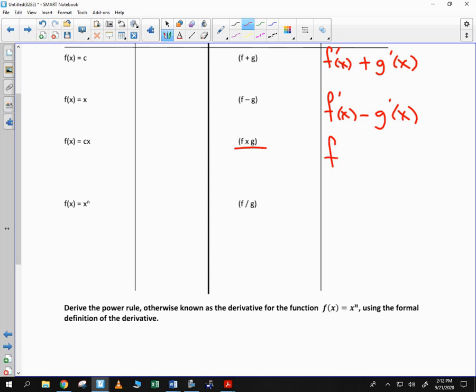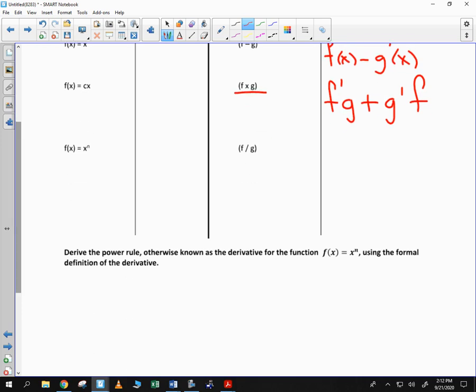Here's how you do it. You take the derivative of f, and you multiply it by g left alone. Then you add the derivative of g times f left alone. If you are dividing two functions, you do the derivative of f times g, and then it's minus the derivative of g times f.